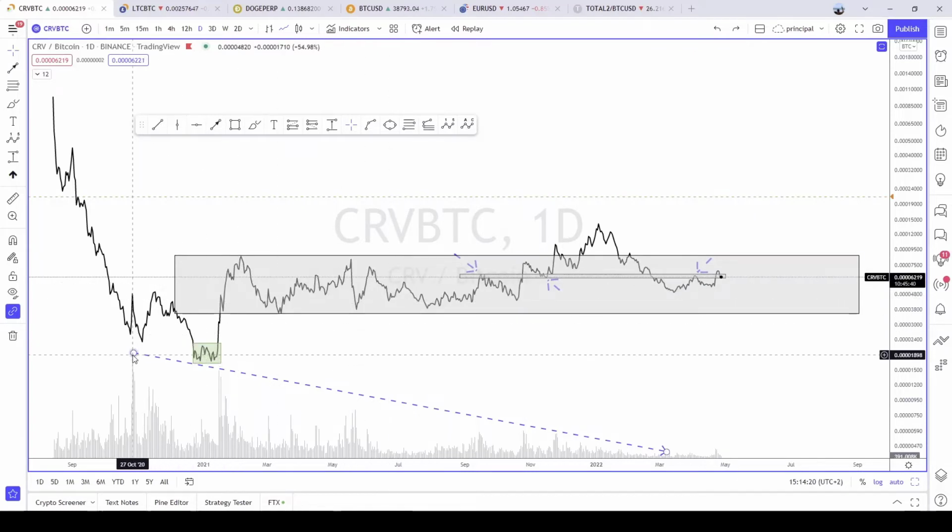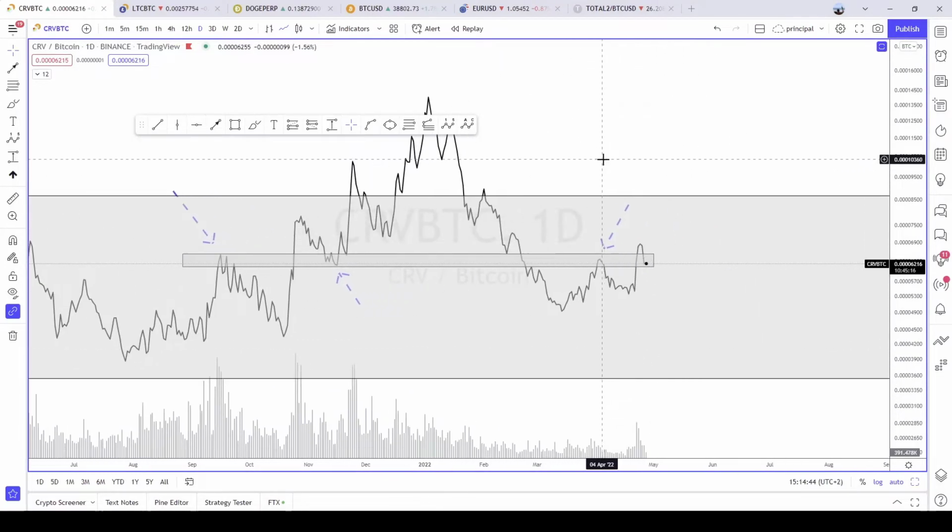What we can also see is the volume. At the bottom of the chart, you have in gray all the volume, and you can see that it's decreasing a lot, but it's the same for the entire crypto market. So it's not specific to Curve.